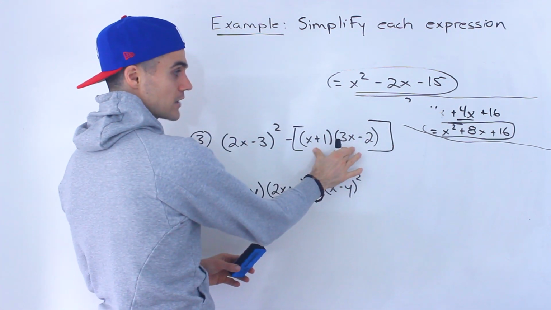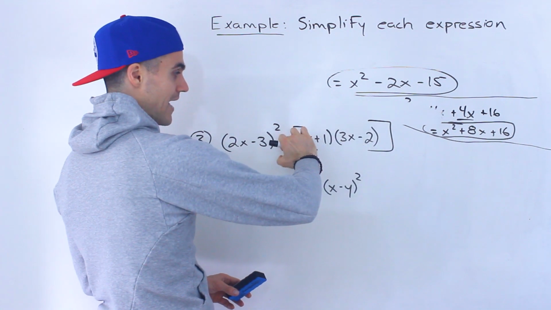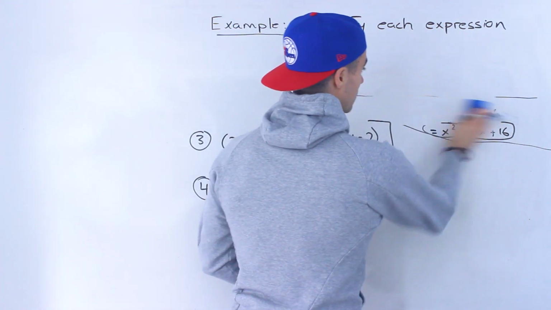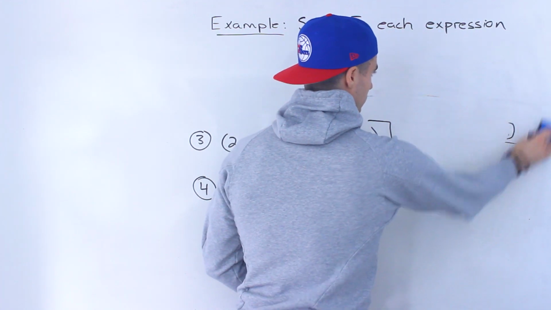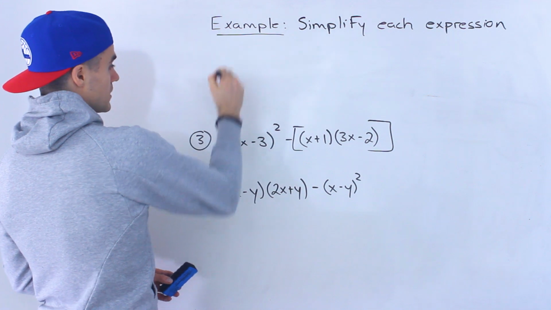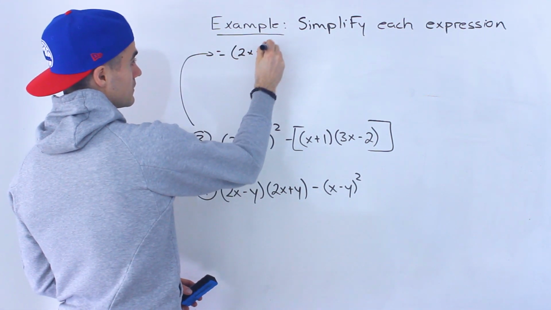Remember, with BEDMAS, we got to do multiplication first. So we're going to have to FOIL this out and then take that negative and distribute it in that remaining bracket. So to start this off, 2x minus 3 times 2x minus 3.